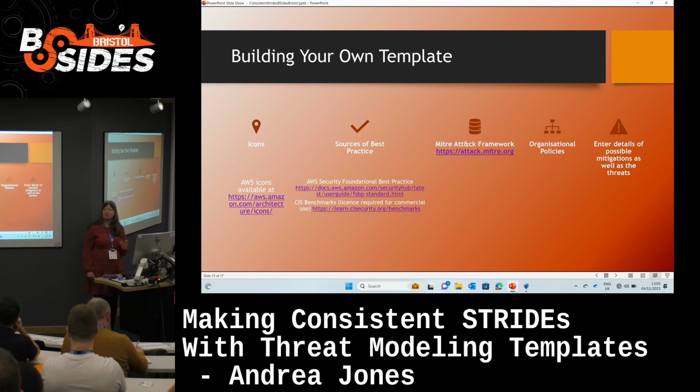When it comes to looking at what should you do, the mitigations, rather than trying to work it out yourself, it's always best to go to these best practice guides and to look at the pages about certain components and how you should operate them for best practice, and get all the mitigations they list there, the sorts of configurations you should put in place. So the AWS Security Foundational Best Practice is a good list of some of the things.